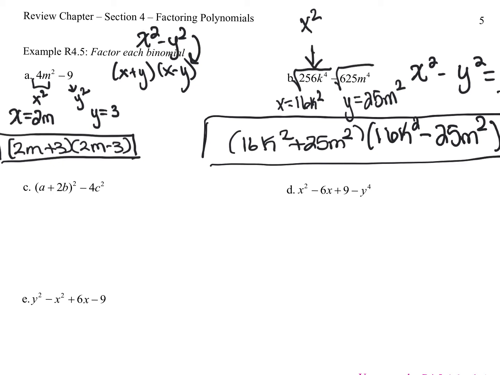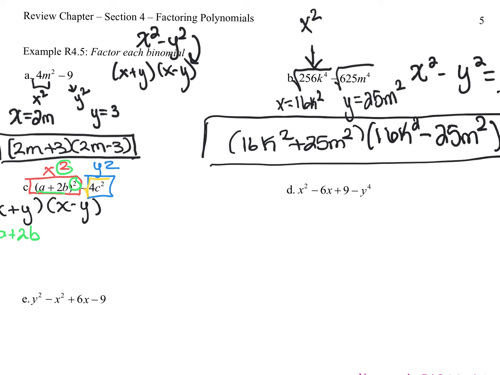Okay, we're going to do it again. The next one looks a little bit different, but it's not. This right here is an x squared. This right here is a y squared. It factors into x plus y times x minus y. We just need to figure out what x is. See the squares? So this thing right here is x. X equals a plus 2b.